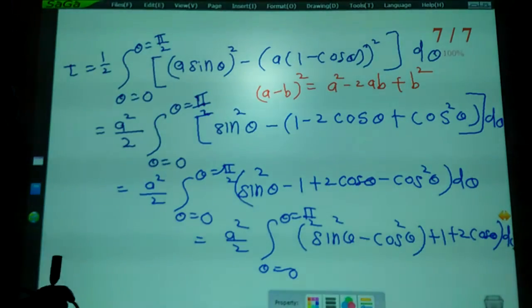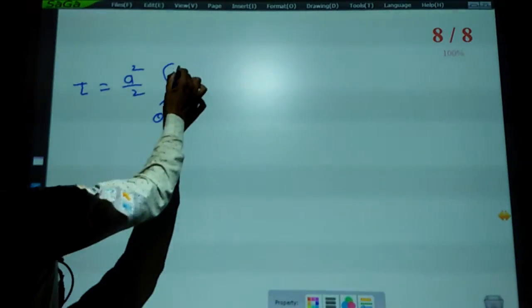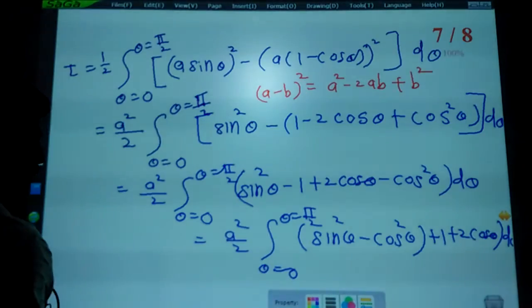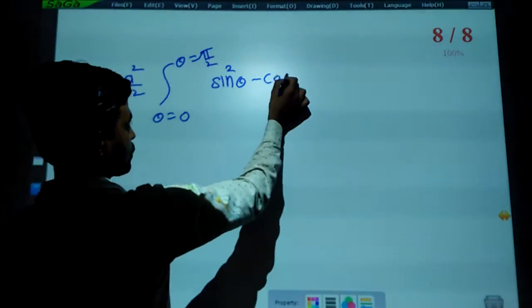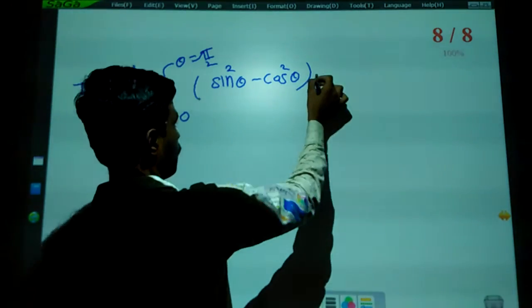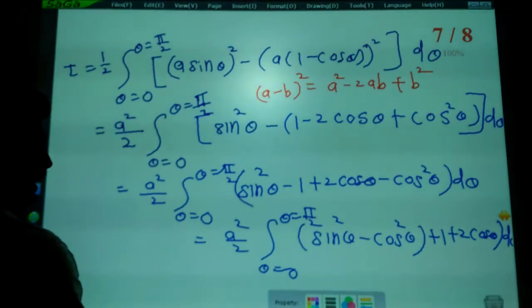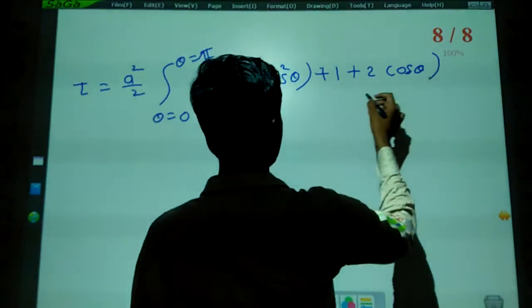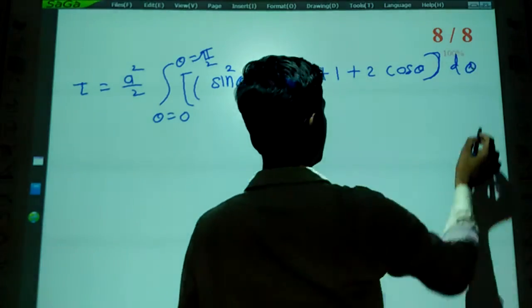Again I will repeat this step on the next page. So I is equal to a square by 2, theta from 0 to pi by 2, of sin square theta minus cos square theta plus 1 plus 2 cos theta, d theta.